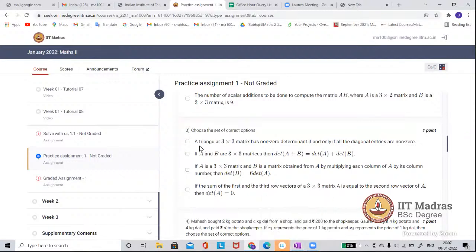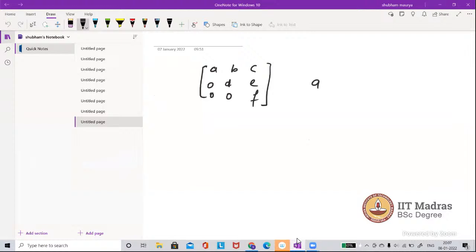So I first assume that a triangular matrix has a non-zero determinant. Let's say this is an upper triangular matrix. The determinant of any triangular matrix is the multiplication of the diagonal entries.